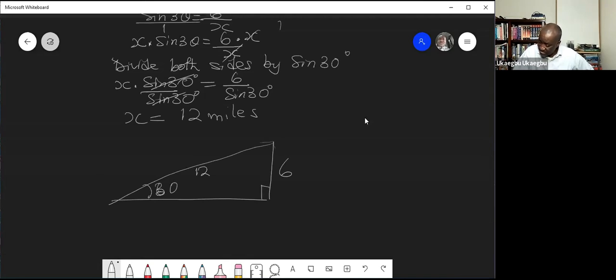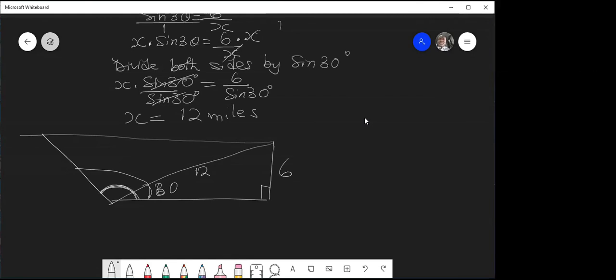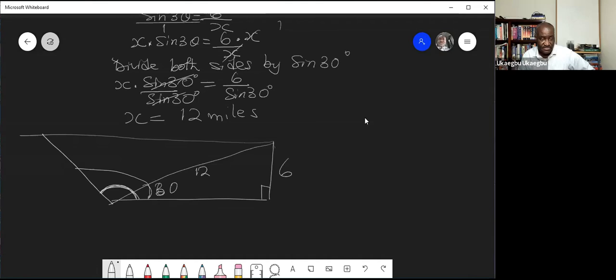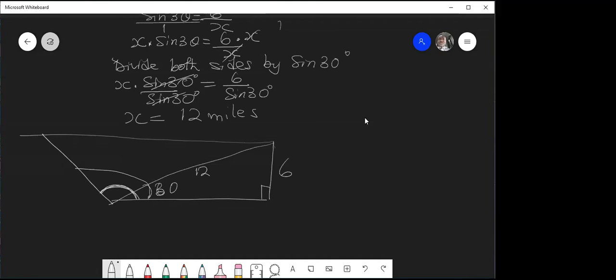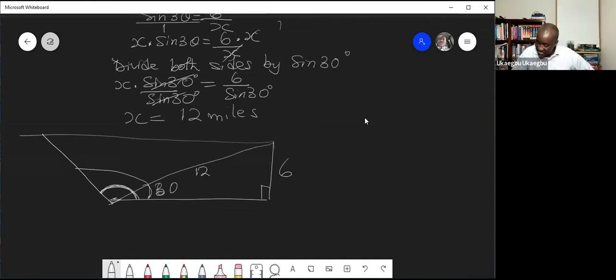And then it keeps going, and this angle keeps increasing until it hits 120. So this angle is 120 degrees. Does it make sense now? Yeah. So they are talking about this distance from here to here. So the question becomes, what will that length be?